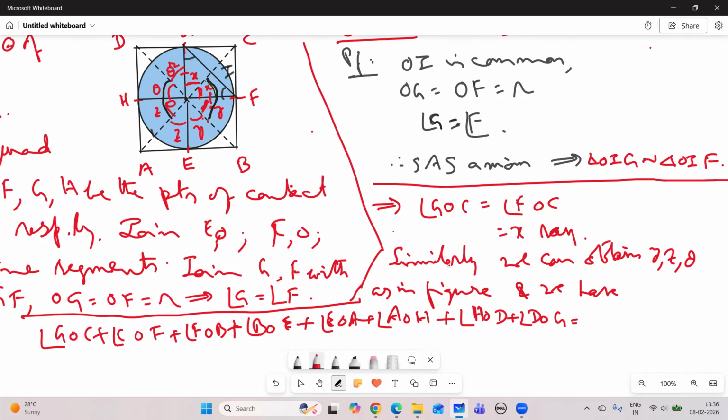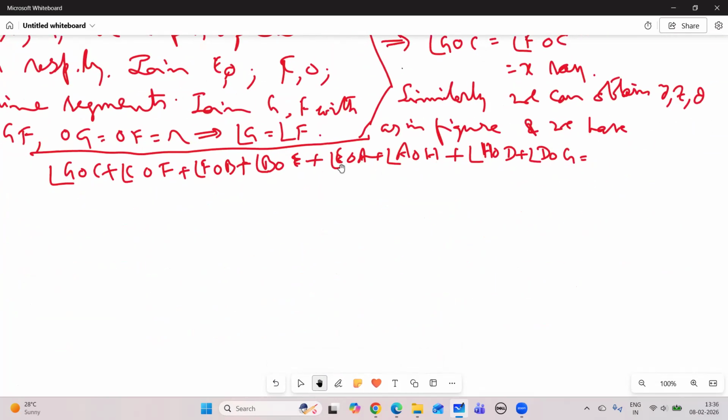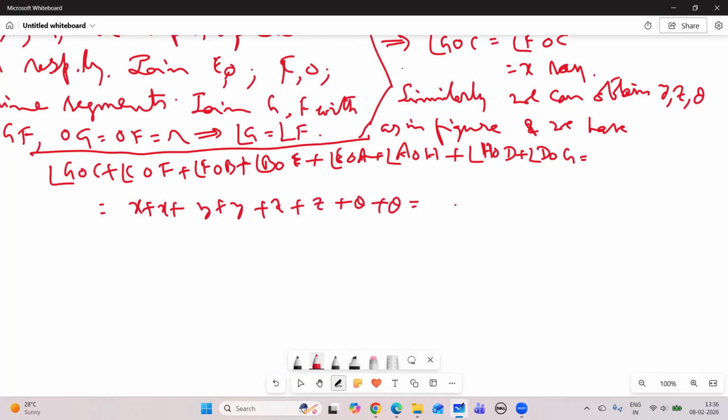Okay? Means we have x plus y is equal to z plus theta, is equal to 2 into x plus y plus 2 into z plus theta, is equal to, all these angles make a complete angle at the center.